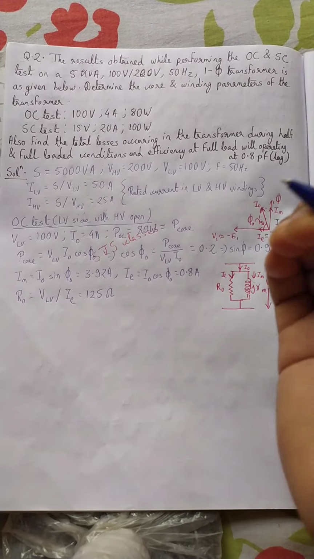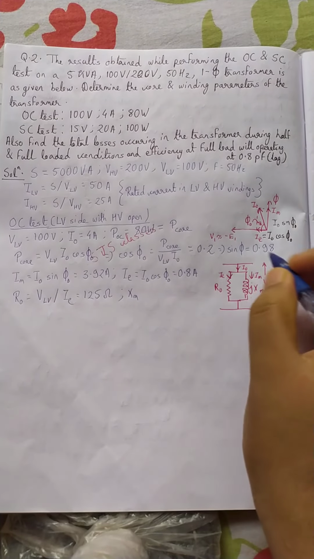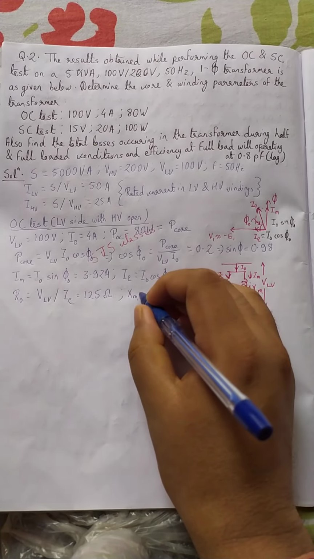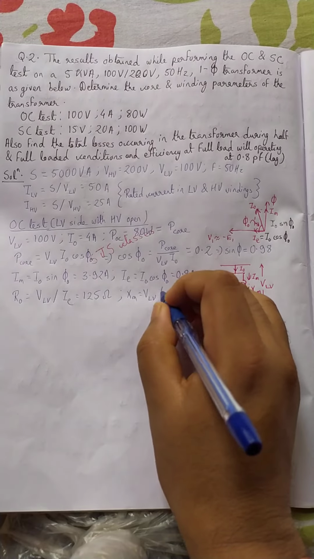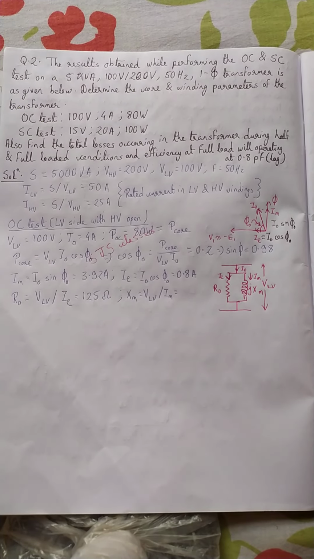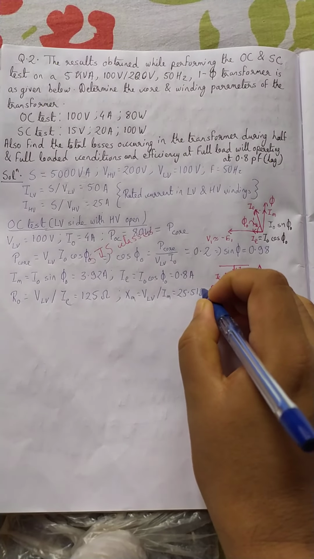So solving that, we get R naught equal to 125 ohm. And what about Xm? This reactance would be VLV divided by Im, and that comes to be equal to 25.51.